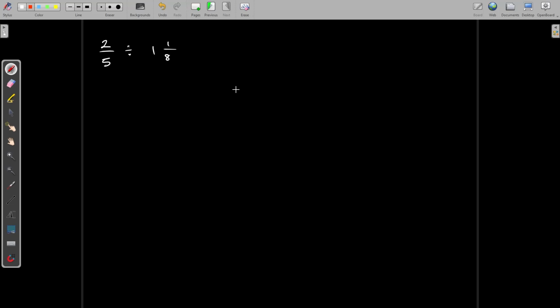Sir, would you change it to improper first, then change the division to multiplication? So we must first change this to improper. So remember, whenever we are dealing with questions that involve mixed fractions, we must change them to improper fractions first.